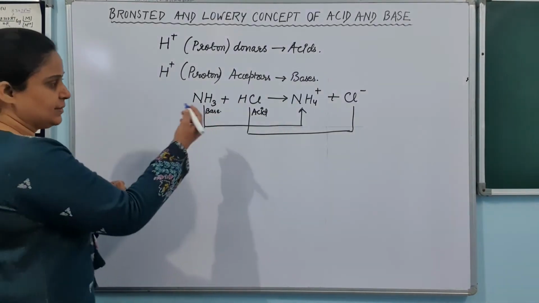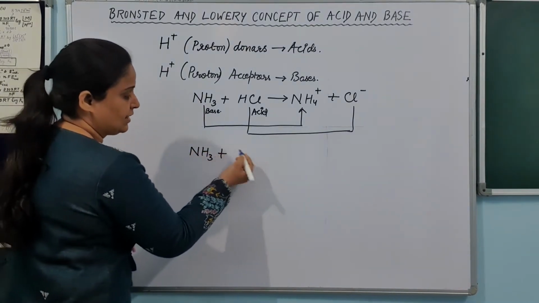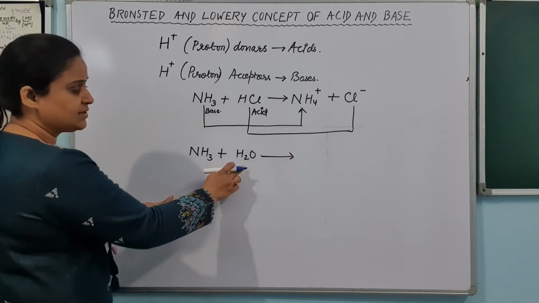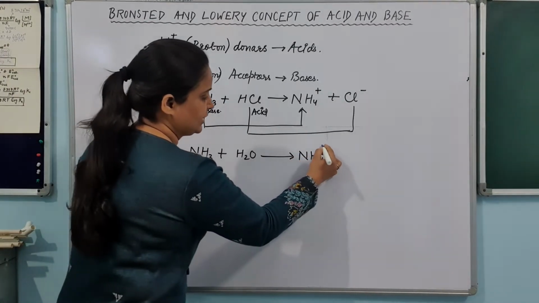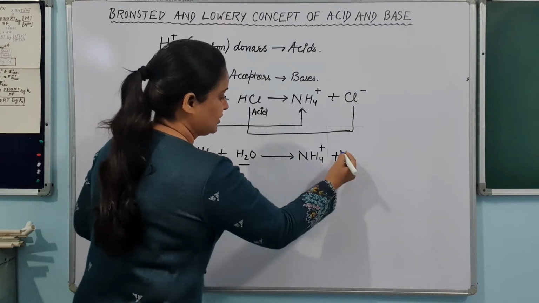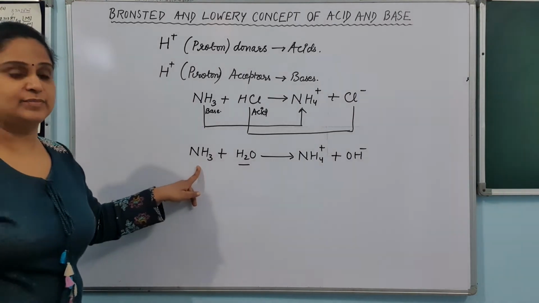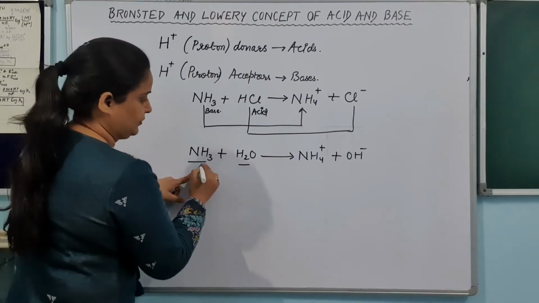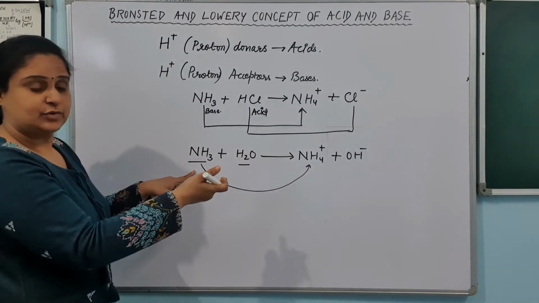Let's take one more example. Here I am taking ammonia this time and dissolving it in water. Let's see what happens. This ammonia is going to convert into NH4+ and the water is going to convert into OH-. Now let's apply the concept. Ammonia converted into NH4+. How?